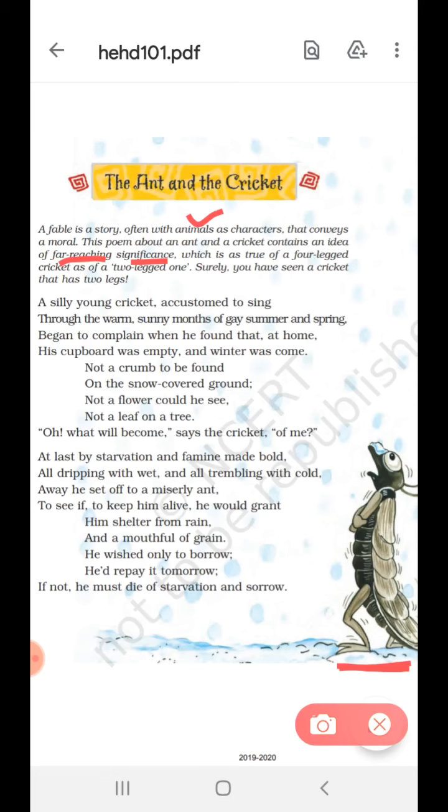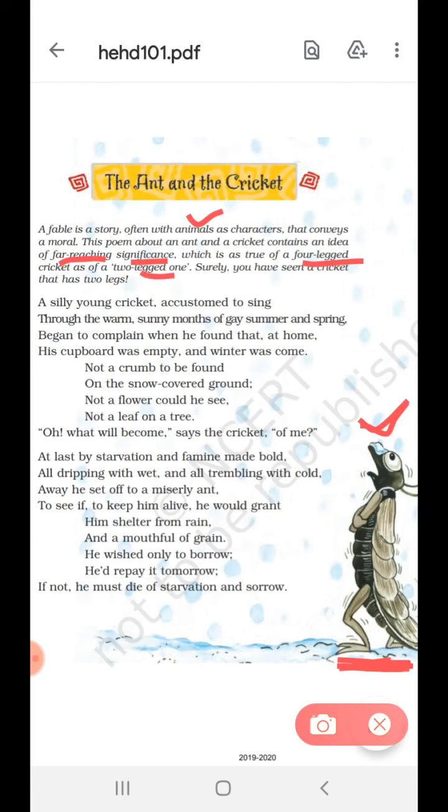So, four-legged cricket means the insect which is similar to a grasshopper. And here the poet compares this cricket to two-legged ones. That means two-legged animals. So, who are two-legged animals? They are human beings.